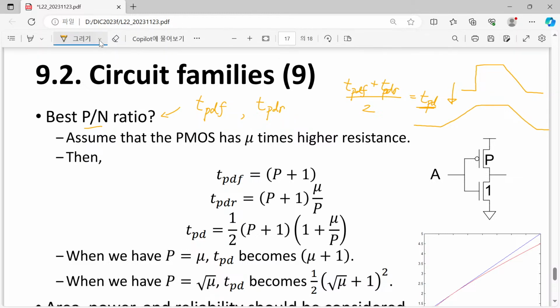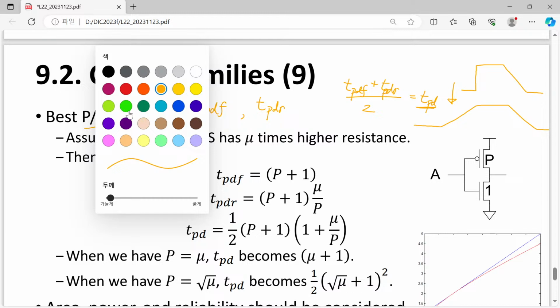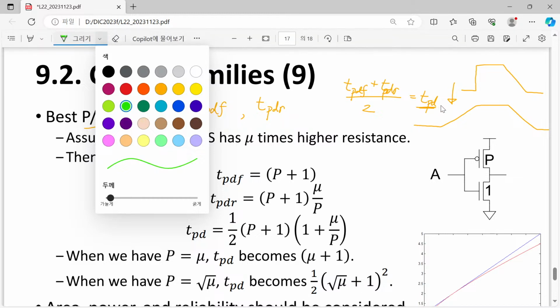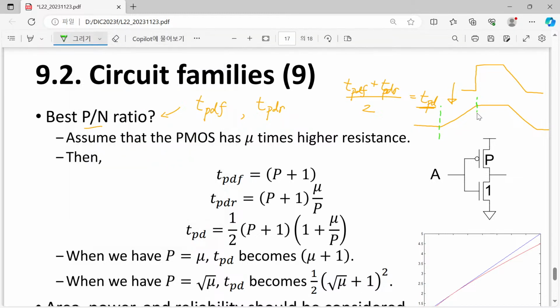In this lower graph, you can see quite a long propagation delay and quite a long propagation delay. Yes, and they are balanced, but their average transition is quite long. But here we have a highly unbalanced one.